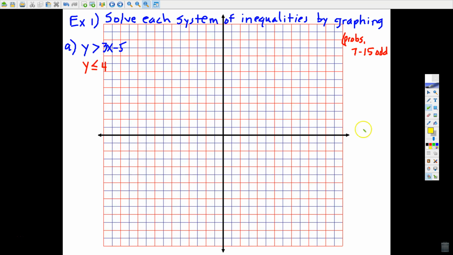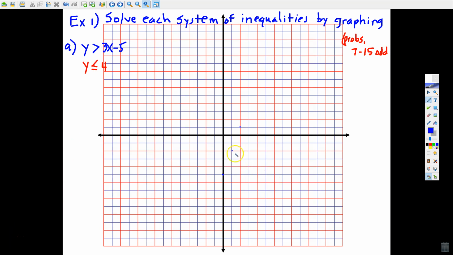So, real simple example here. We're going to first of all sketch the boundary line for this inequality. Think of it as y equals 3x minus 5. So I'm going to go to negative 5 on the y-axis, and then slope of 3, up 3, right 1. And this is going to be a dotted boundary line.